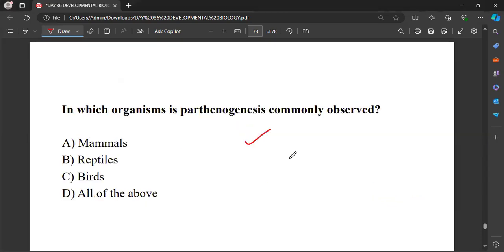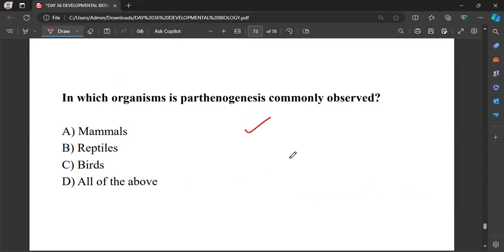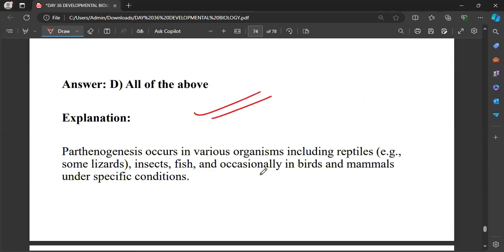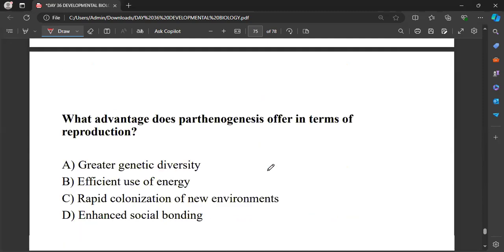In which organisms is parthenogenesis commonly observed? In all the organisms, we can find parthenogenesis very often.